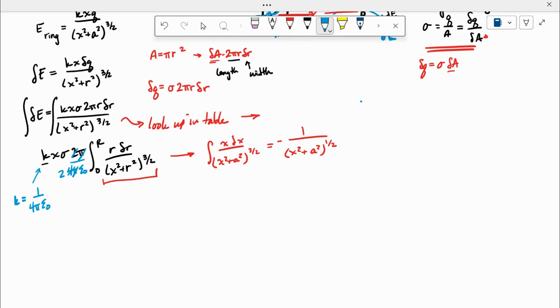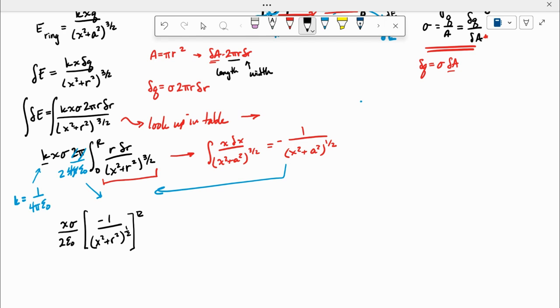So really what I have here, if I combine this back in and bring it down with this, I get my new setup of x over 2 epsilon naught. And then I'm integrating negative 1 over x squared plus r squared to the 1/2 between r and 0.